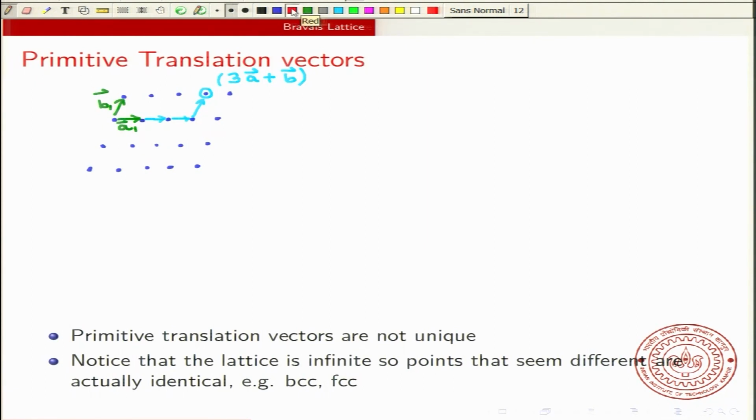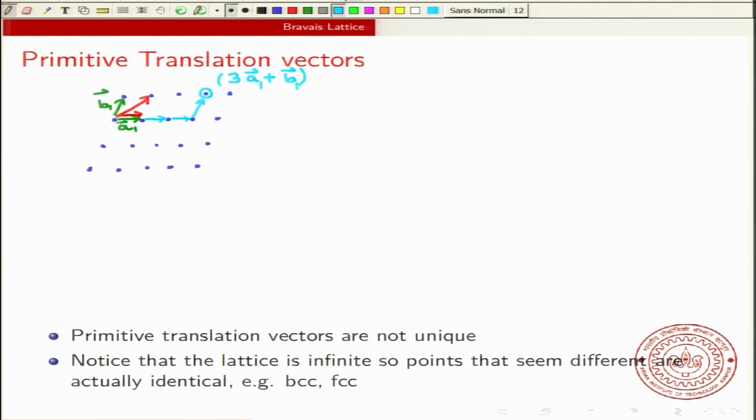Let us be a little extreme, let us take this, and let me take this. So, in this case A remains the same. In the first case I had A1 and B1.